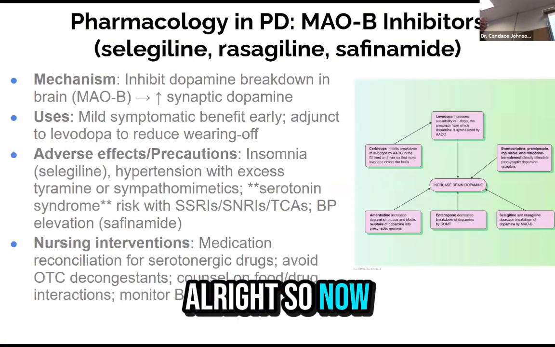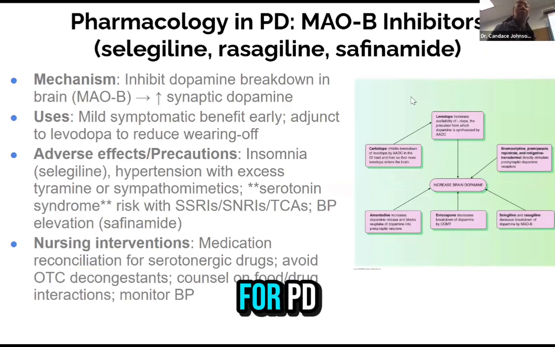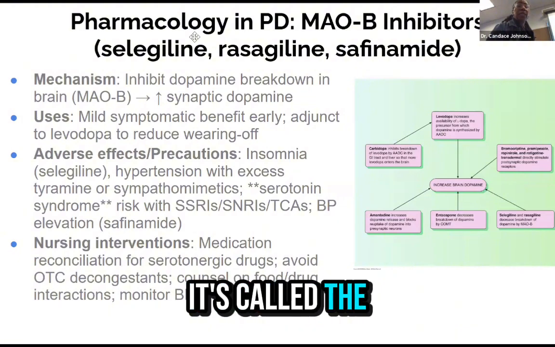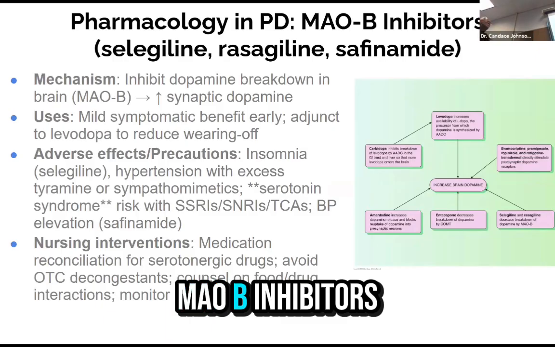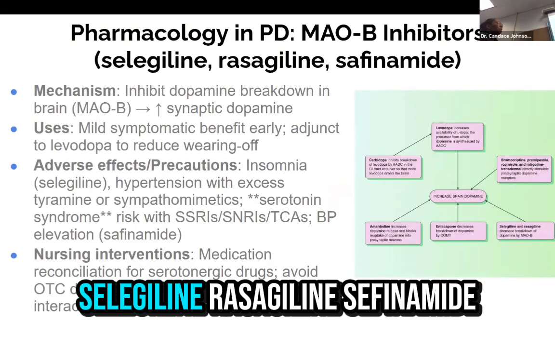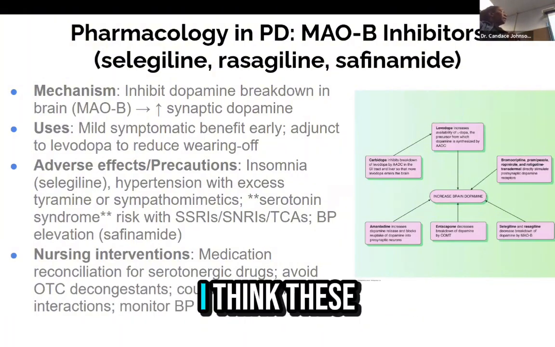All right, so now we are going on to another type of drug for PD. I want you guys to be able to see this. All right, it's called the MAO-B, not MAO-I, MAO-B inhibitors. Selegiline, rasagiline, safinamide, all right? I think these will hold up.